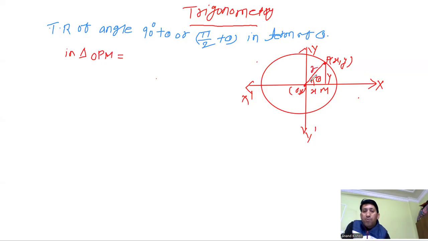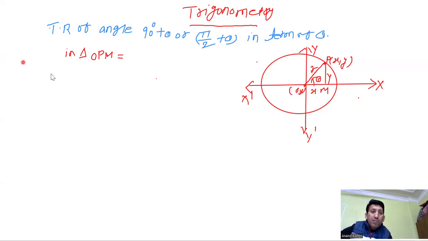R unit. So we have taken a point P in the first quadrant, and the coordinate of P is x comma y. And this line segment OP makes an angle theta in the anti-clockwise direction with the x-axis. So we are going to take triangle OPM. In triangle OPM, we are going to define sine theta and cos theta.